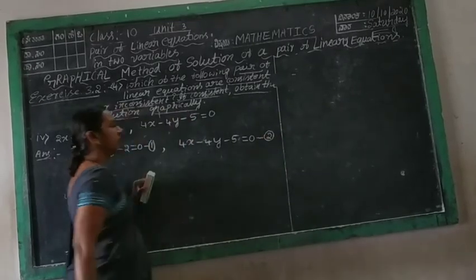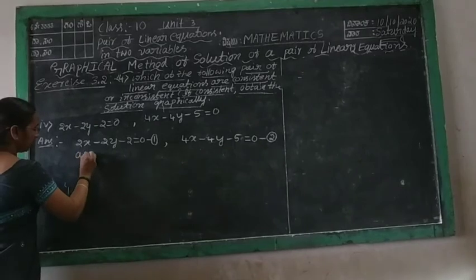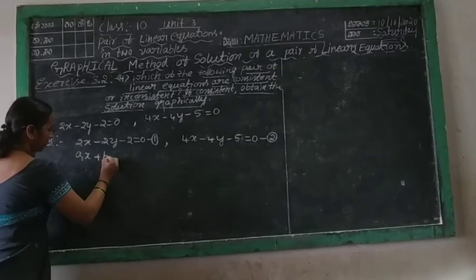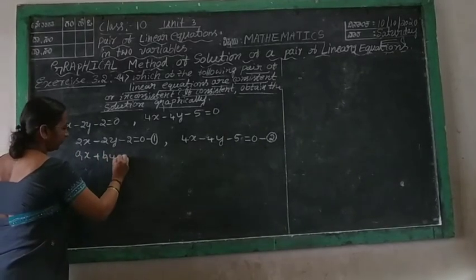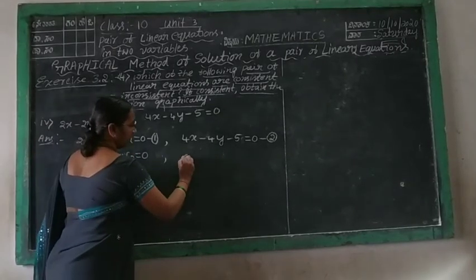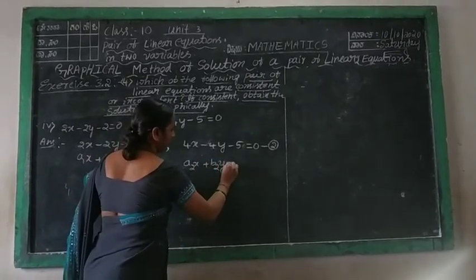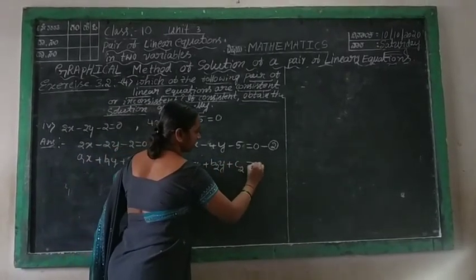We compare the two given linear equations with the general form a1 x plus b1 y plus c1 is equal to 0, and a2 x plus b2 y plus c2 equals 0.